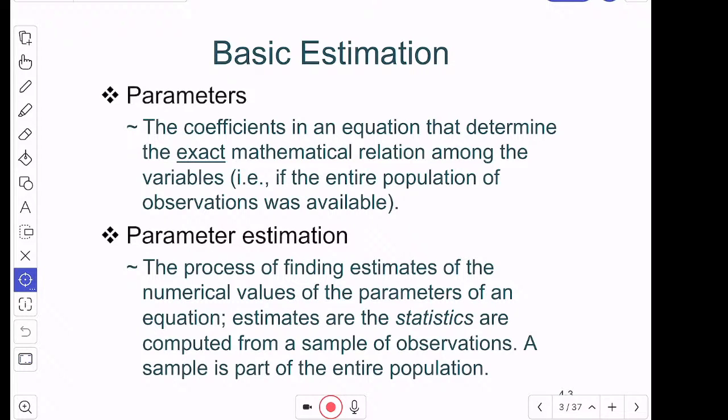So the coefficients in an equation determine the exact mathematical relation among the variables. That's if you had the population, you could have calculated it. In its absence, we estimate statistics for those parameters. And those will be the coefficients in the equation for demand, the function for demand.